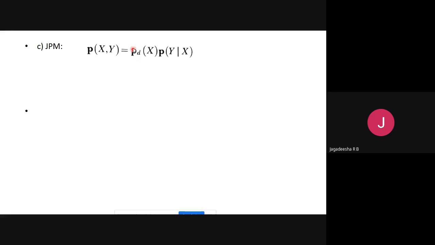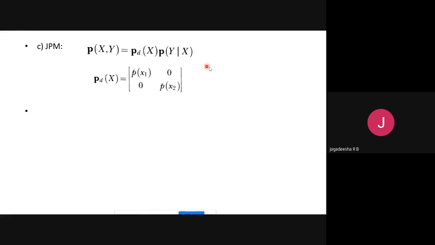That is nothing but the diagonal matrix of probabilities multiplied by the conditional probability between y and x. And here we have the diagonal matrix represented this way, where we have the probability of x1 and probability of x2 along the diagonal, and the rest of the elements become 0. This you need to multiply with the conditional probability or the channel matrix.